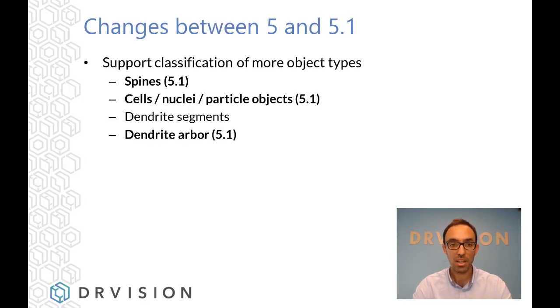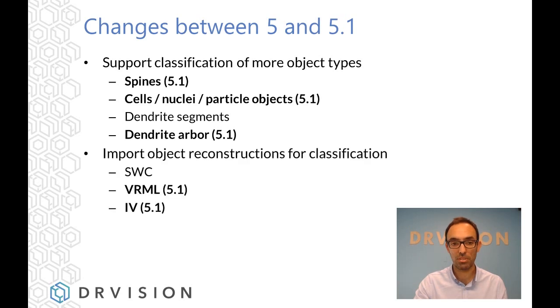With Aivia 5, we could teach based on dendrite segments and whole neurons, meaning the soma and all the dendrite segments. We can now also teach using the spines, cells, nuclei, or small particles, as well as branches, and that's new with 5.1. So it gives you a little bit more flexibility and a lot more power when we look at spine classification.